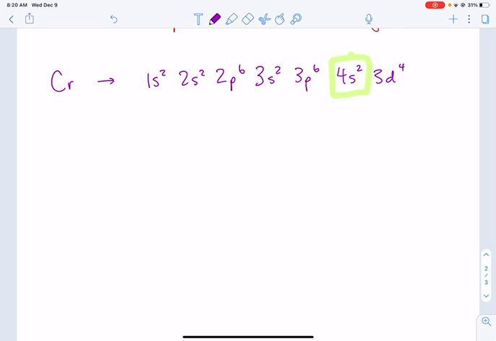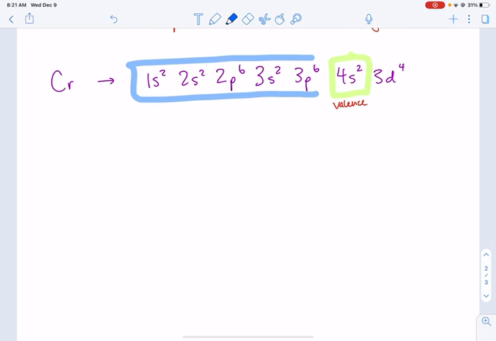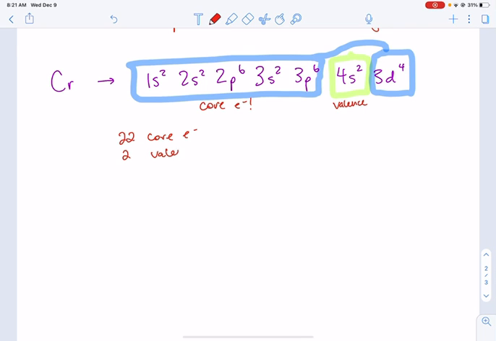Right? So these are going to be your valence electrons because they're at the highest principal energy level. That means that everything else is going to be core electrons. So we have 2, 4, 10, plus 8, 18, plus 4 is 22. So we have 22 core electrons and 2 valence electrons.